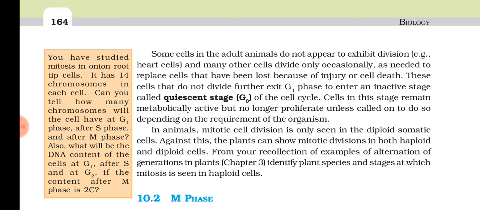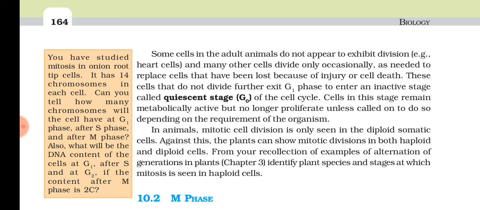On the other hand, in plants, both haploid and diploid cells can undergo mitotic division. We have studied that many of the lower plants have haploid cells in their body. They are haploid, isn't it? So they can divide by mitosis and they can grow.